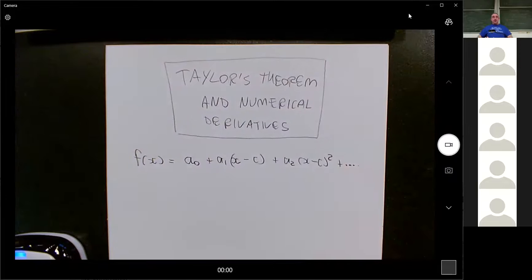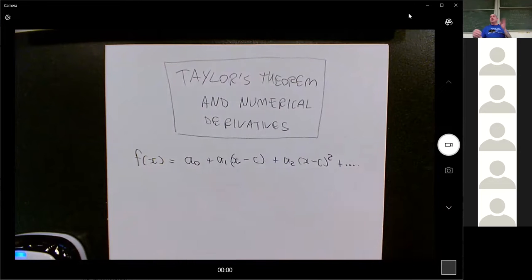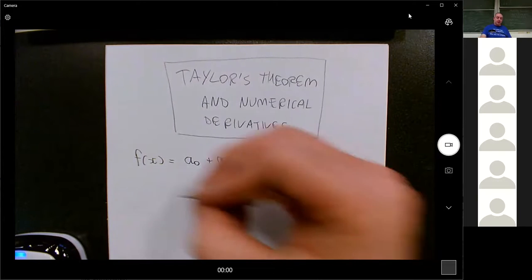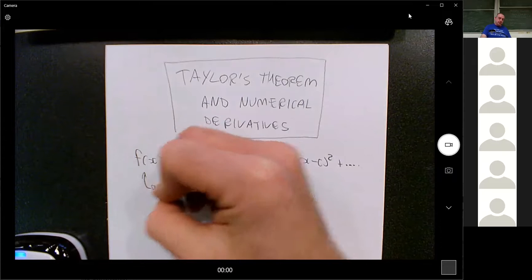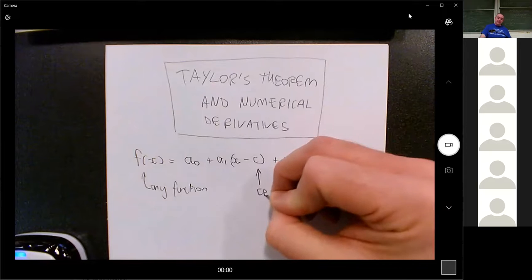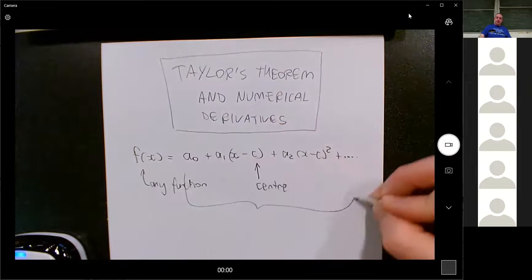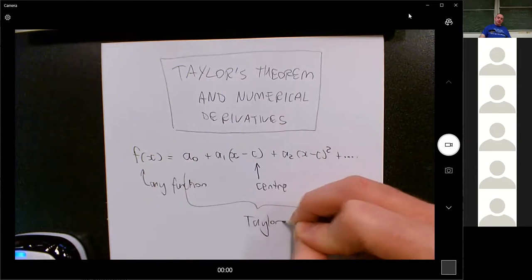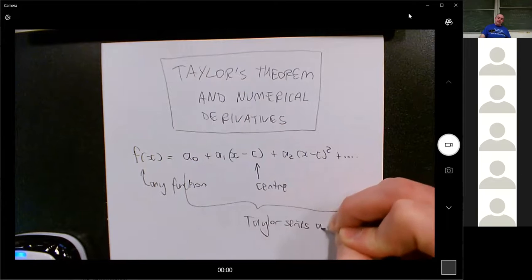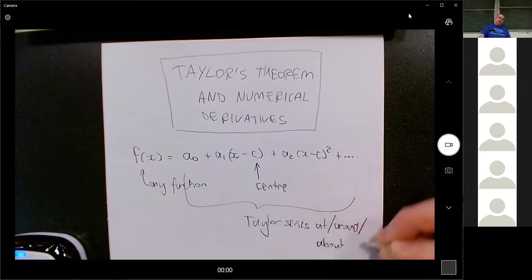It says that given any function, it should be possible to write it like this, as long as it's got enough derivatives and isn't horrible at that point. This is any function. This is called the center. And this thing is a Taylor series at or around or about c.